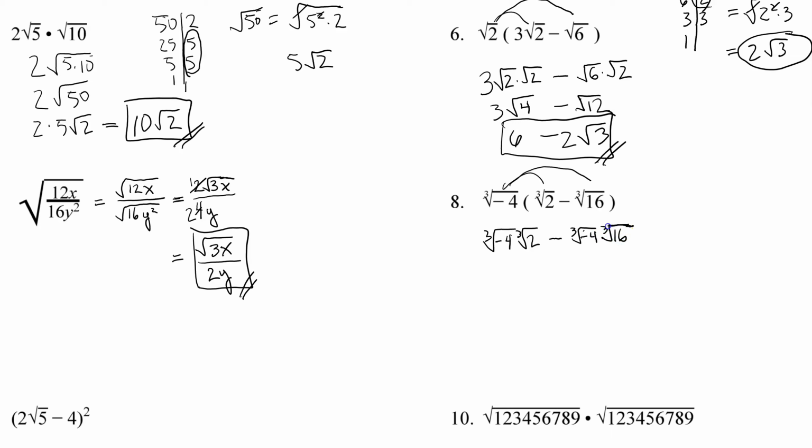And you can only multiply when you have the same index. So since these all have the index 3, there's no problem with multiplying them out, just like we did with square roots above.